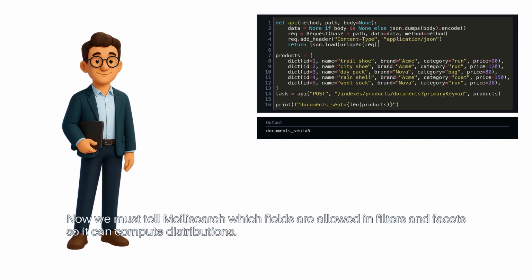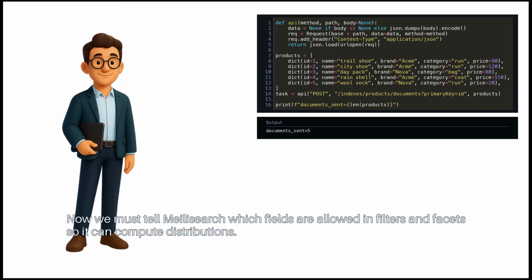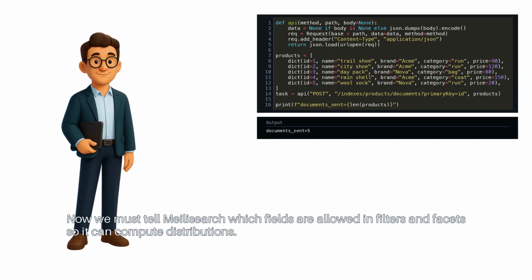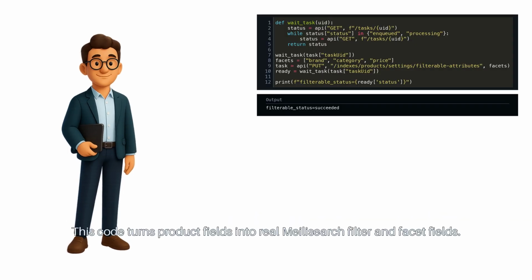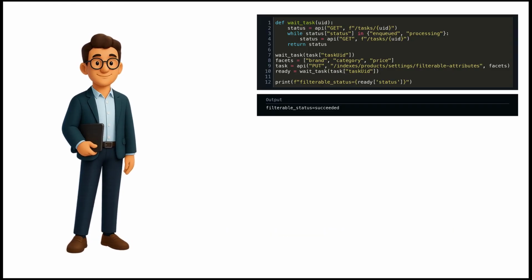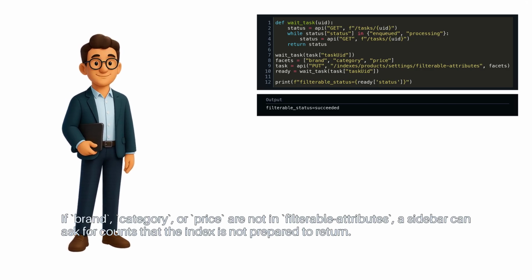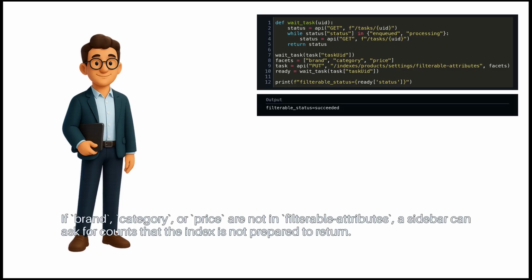Now, we must tell Meilisearch which fields are allowed in filters and facets, so it can compute distributions. This code turns product fields into real Meilisearch filter and facet fields. If brand, category, or price are not in filterable attributes, a sidebar can ask for counts that the index is not prepared to return.